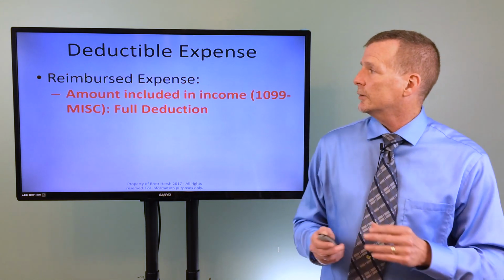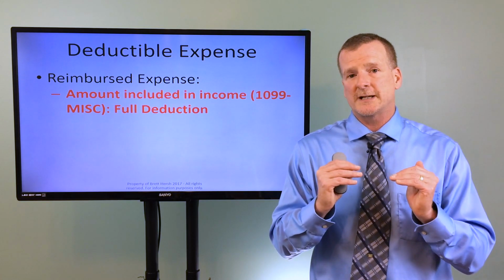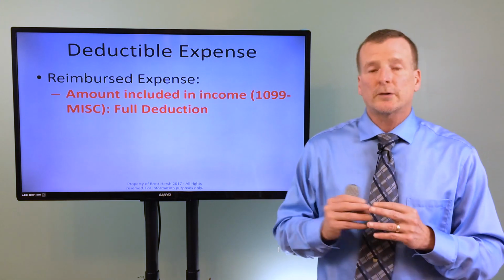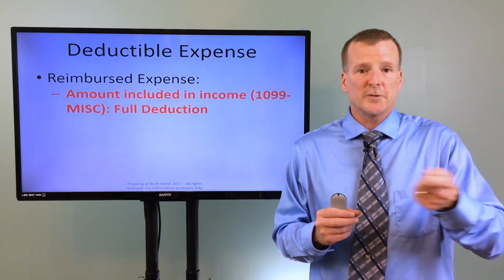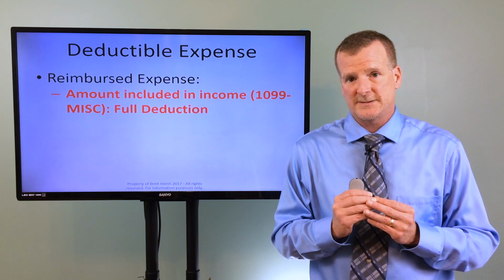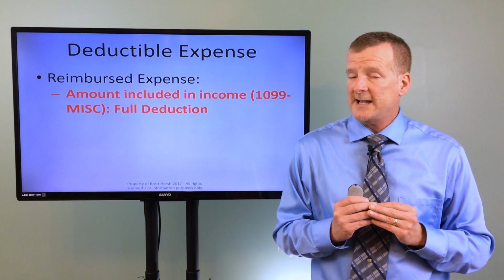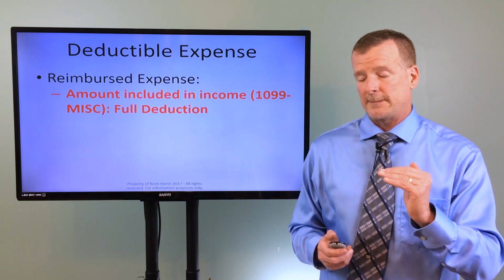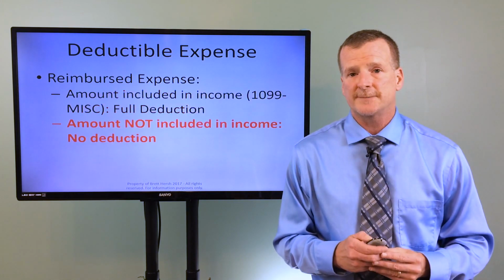Now, I do want to make a note here on reimbursed expenses. Let's say, for example, you go to the store and you buy $100 of office supplies, and your broker pays you for those office supplies. You're buying it for the main office, you give him or her a receipt, and they give you $100 back as a reimbursement for that expense. If the amount is included on that 1099 they give you, so you often have to ask what that includes, if it's included in income on your tax return, you can deduct that $100.